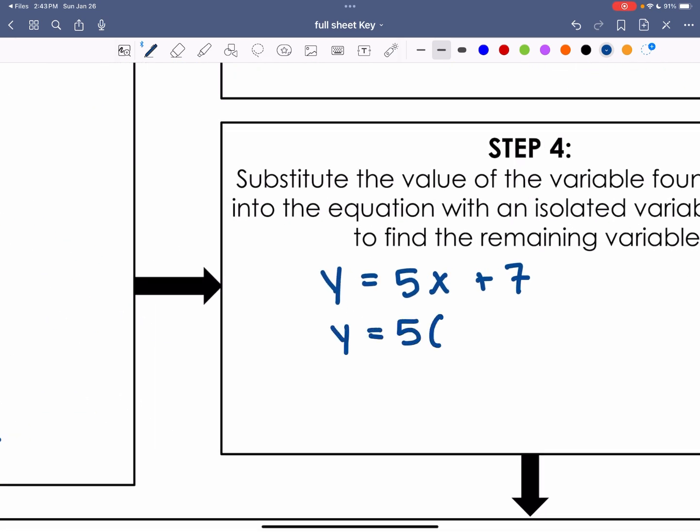So we will substitute that. If your teacher's okay with it, you could just type this whole thing straight into a calculator, but we can do this in our head pretty easily. 5 times negative 3 is negative 15, and then negative 15 plus 7 gives us negative 8.